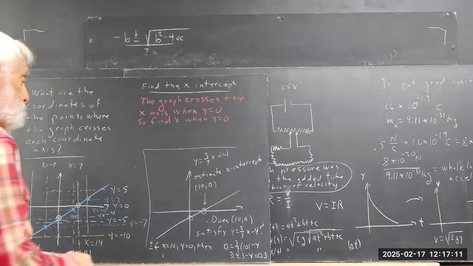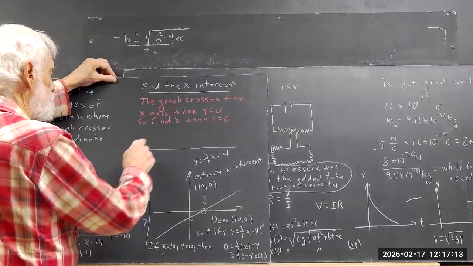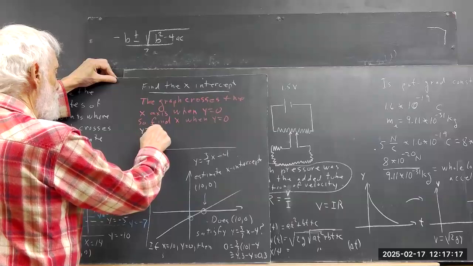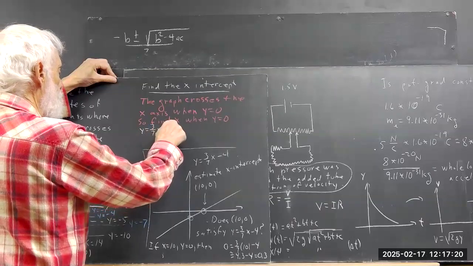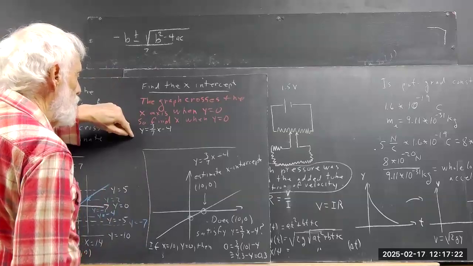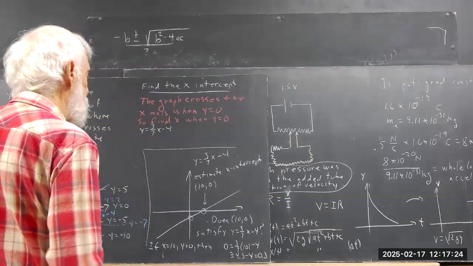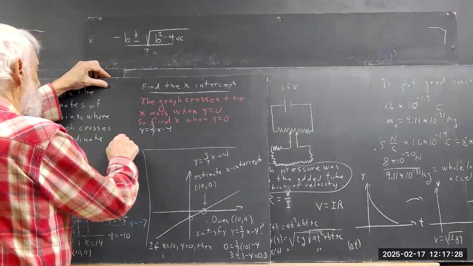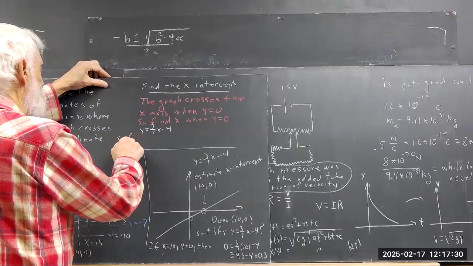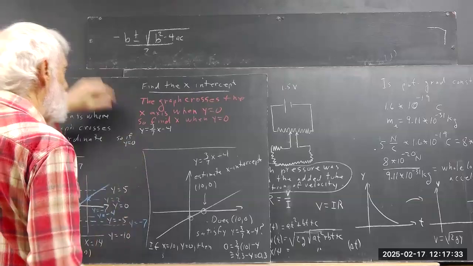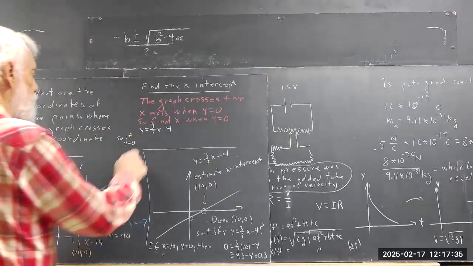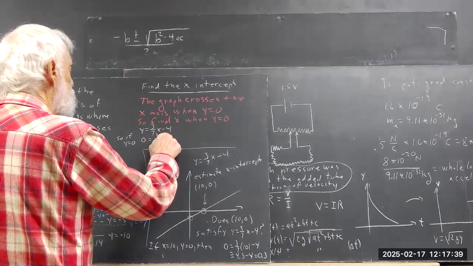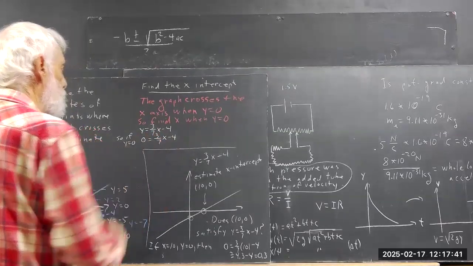Well, we write y equals 3/7 x minus 4. So if y equals 0, we get the equation 0 equals 3/7 x minus 4.